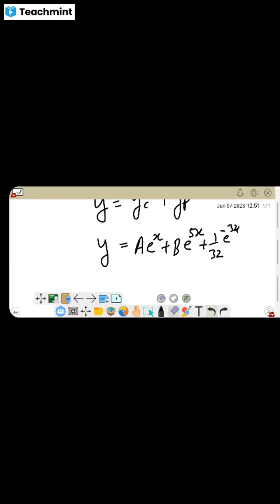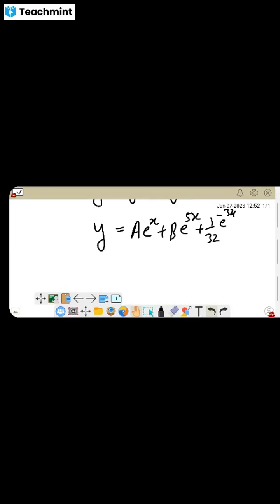So let us do the next method. If we have a trigonometrical function on the right side, then how can we solve for PI?